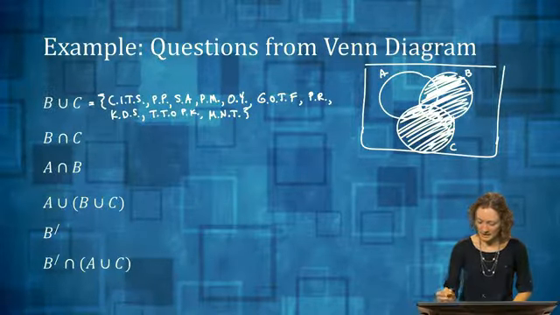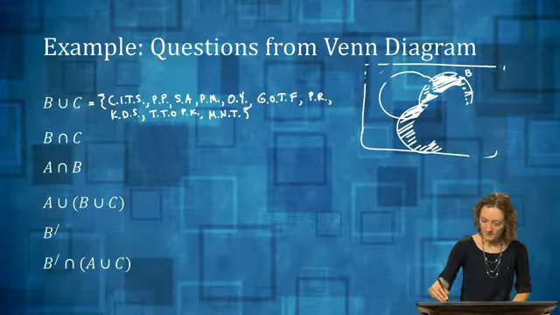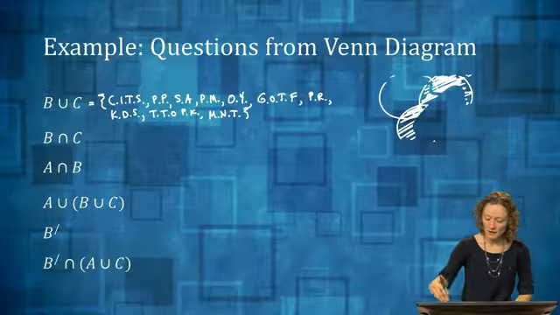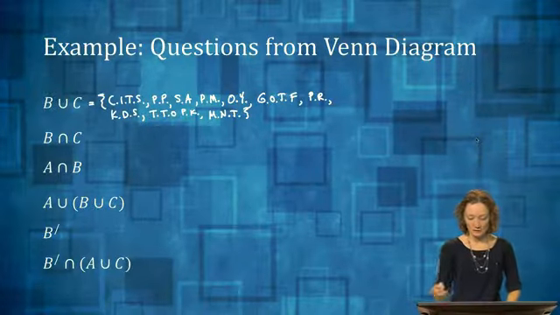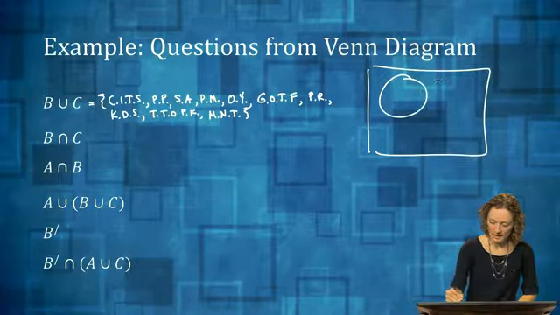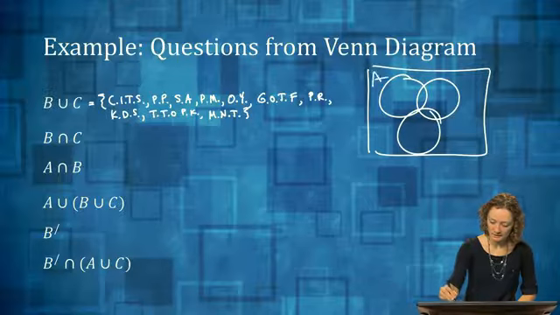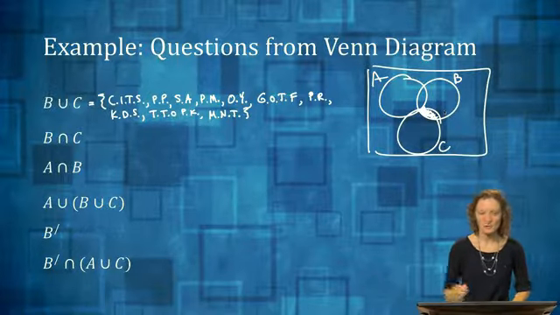All right, the intersection, maybe we can make this bigger. The intersection is what those two have in common. So the next one, the intersection, is looking at B and C and only where they overlap. So we have A, B, C. Here's circle B, here's circle C. We only want what those two circles have in common.